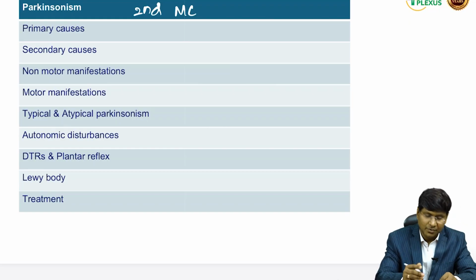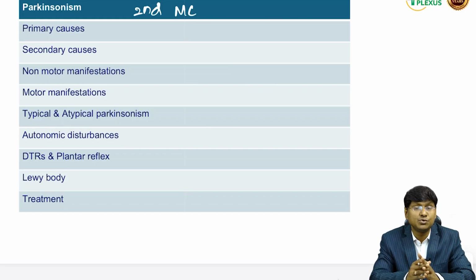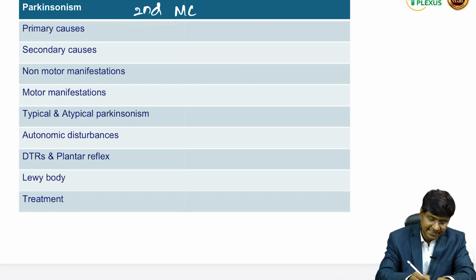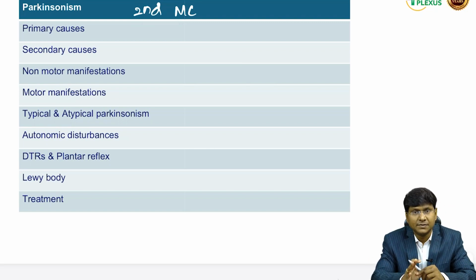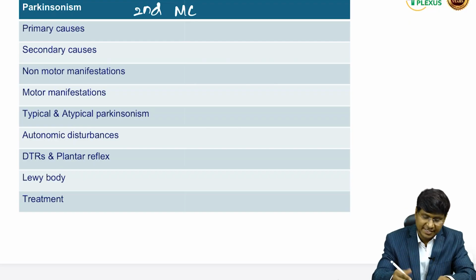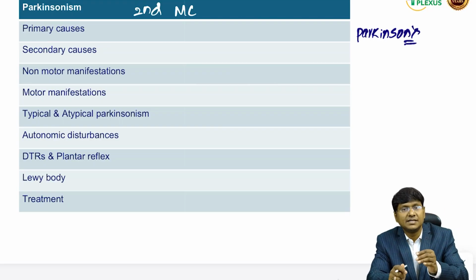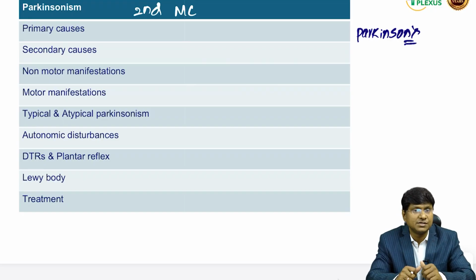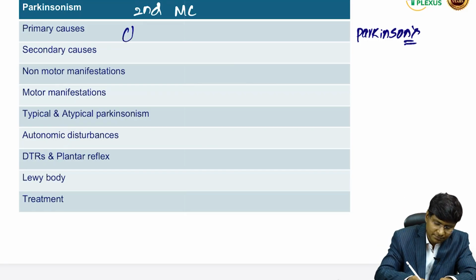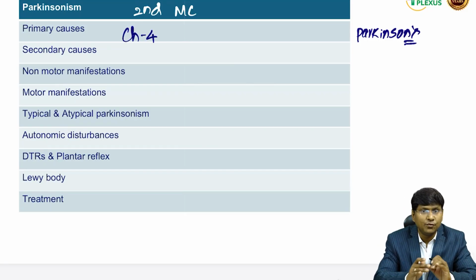And what is the first most common? The first most common is Alzheimer's. And the most common cause of Parkinsonism is Parkinson's disease. The Parkinson's disease is under the primary cause for Parkinsonism, and this is caused due to genetic or sporadic reasons, and the defect is on chromosome number 4.